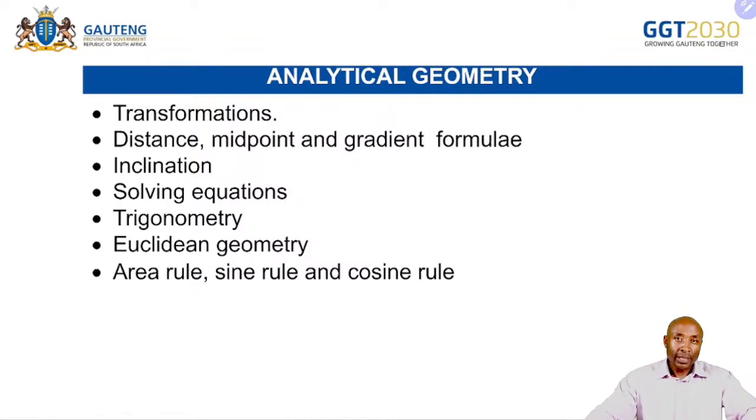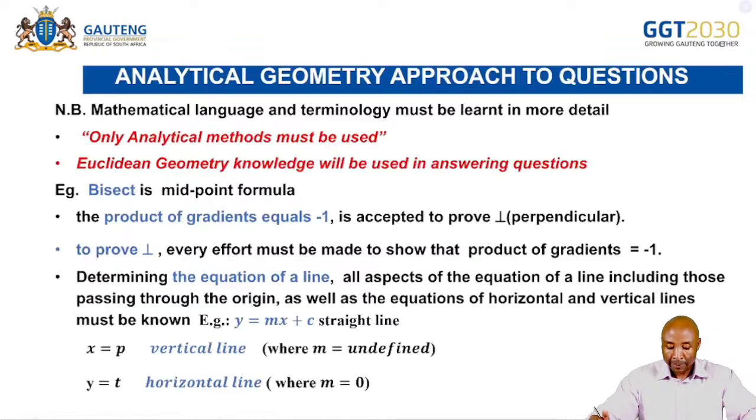We know that trigonometry is applied in analytical geometry, and we also know that Euclidean geometry is applied in analytical geometry. Our area rule, our formulas for area, we must know them. Our sine rule and cosine rule can be applied in analytical geometry. We are aware of that.